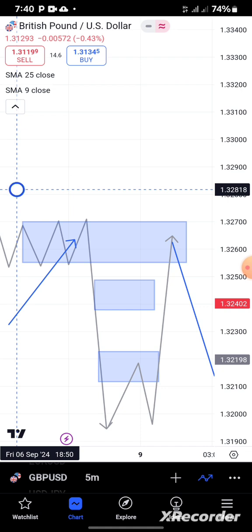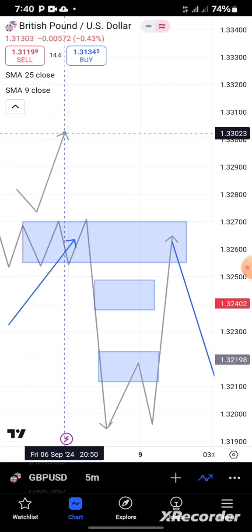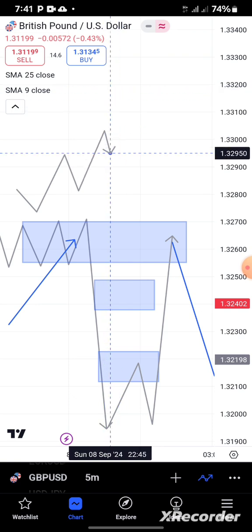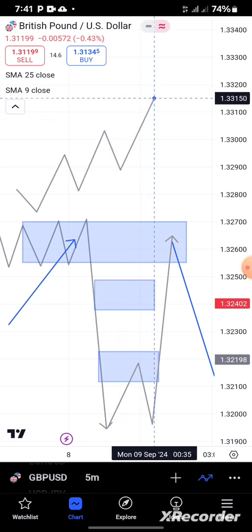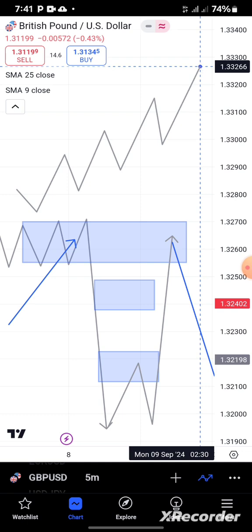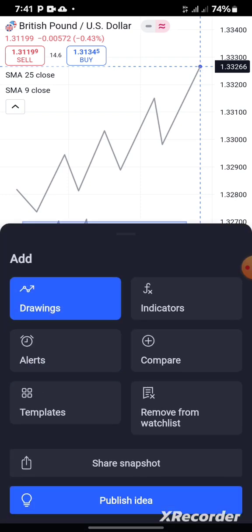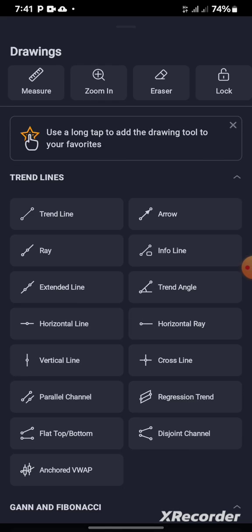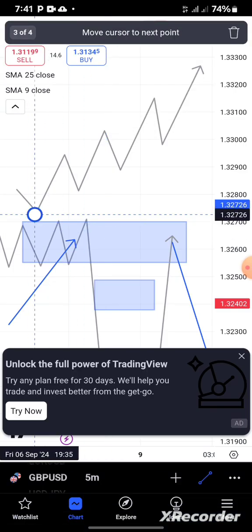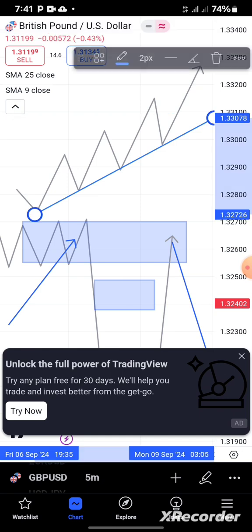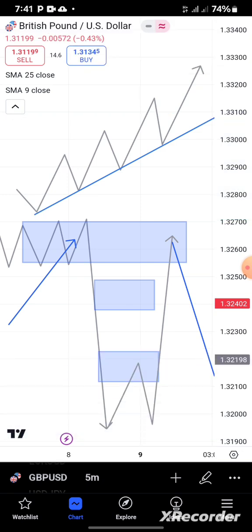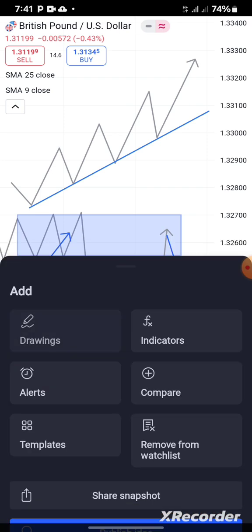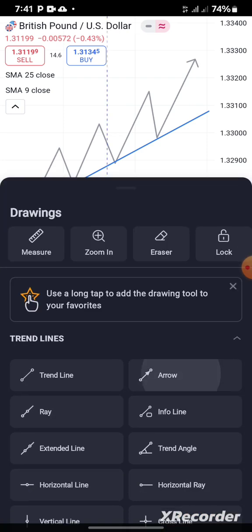This is what support and resistance basically is, like this. These are two different things, guys. Are you seeing, guys? Let me show you.